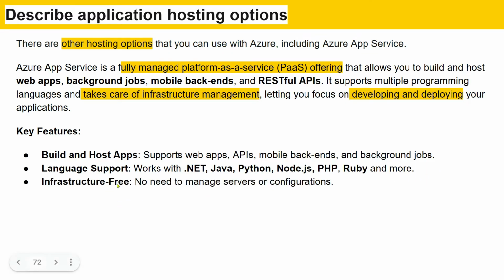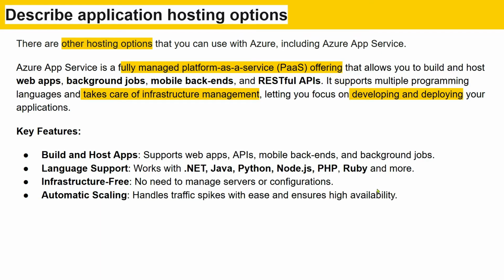Infrastructure free: no need to manage servers and configurations. Automatic scaling handles traffic spikes with ease and ensures high availability. How to use it, those things we are going to learn. This is more like an introduction, so you know there is something called Azure App Service apart from VMs and containers.